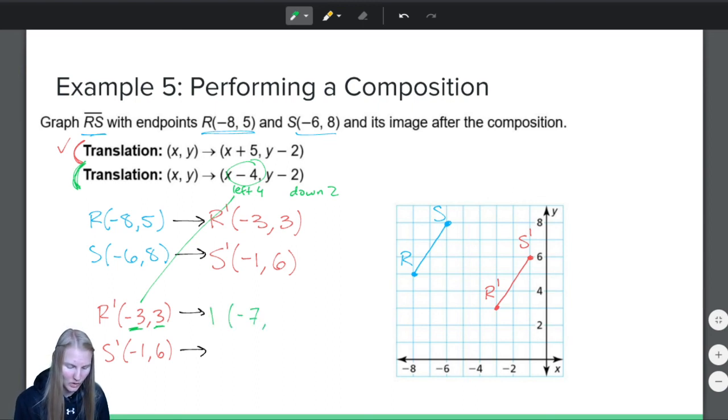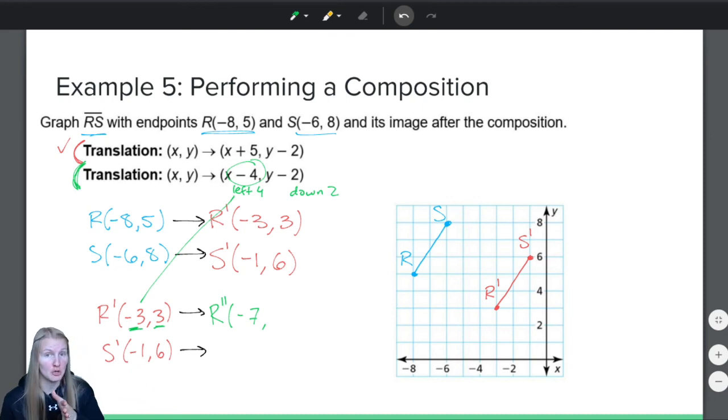And you know what? We won't call this R prime. We already have an R prime. Instead, we'll call this R double prime because it's the image of the image. So we'll use 2 apostrophes or 2 primes.